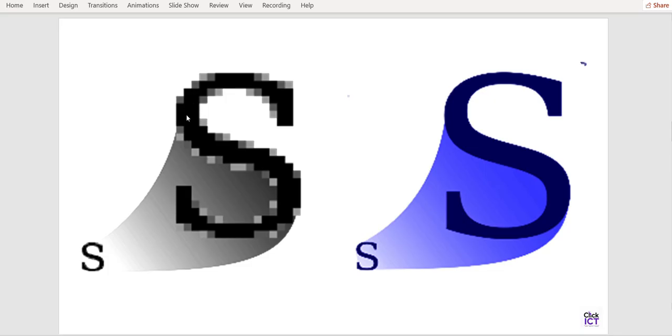You can see that it gets blurry and blocky, whereas the S written in blue on the right-hand side retains its quality because it is a vector image. So bitmap and vector images differ in this way as well: when scaled up, bitmap images get pixelated, and vector images do not, they preserve their quality.